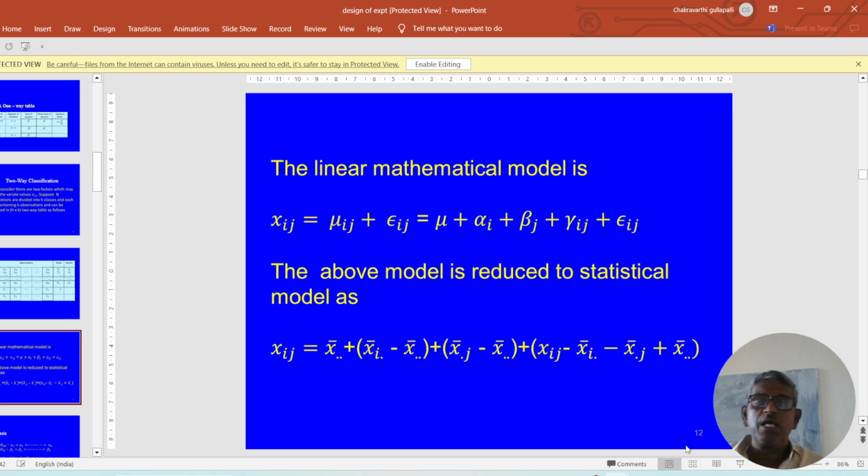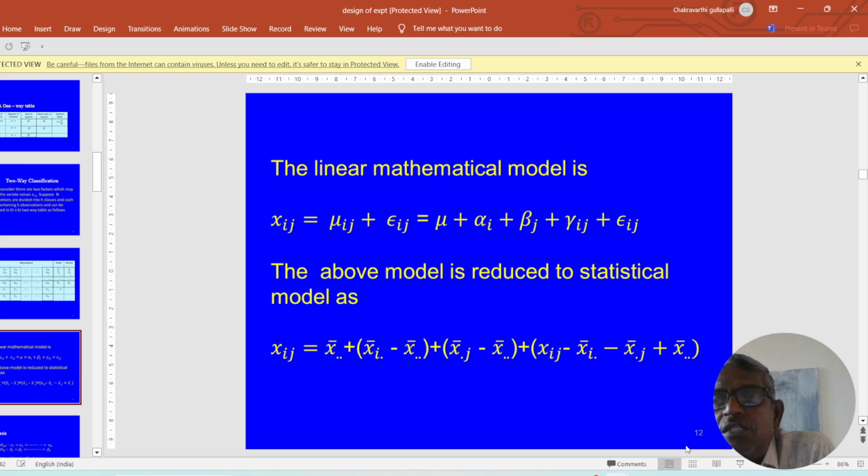Now coming to the assignable component, mu ij, that will be broken into three components: the general effect, the net treatment effect of the first factor, and the net treatment effect of the second factor, plus gamma ij, where gamma ij is the interaction effect.